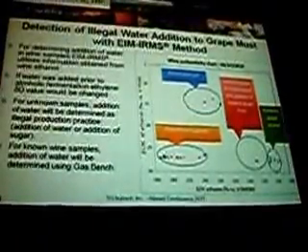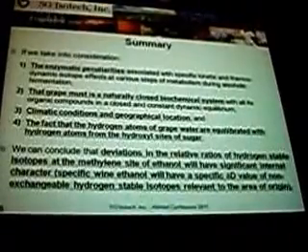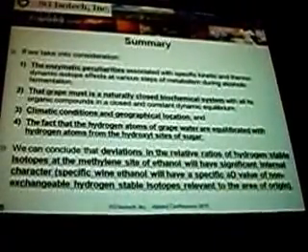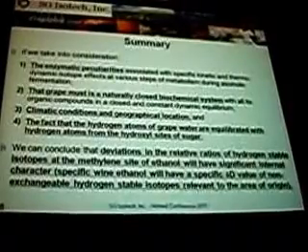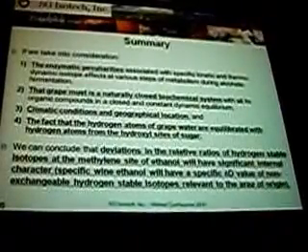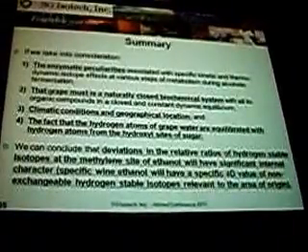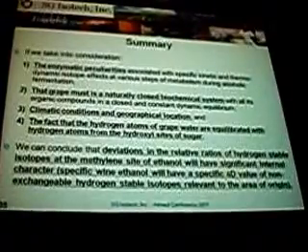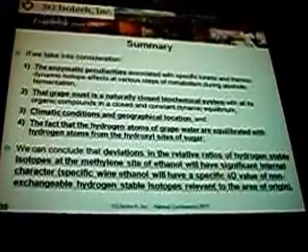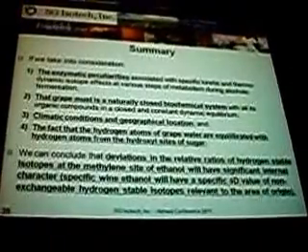So, further, to summarize this information till now: if we take into consideration the enzymatic peculiarities, the grape must being a naturally closed biochemical system, climatic conditions and geographical location, and the fact that the hydrogen atoms of grape water are equilibrated with hydrogen atoms from the hydroxyl of sugar, we can conclude that deviations in the relative ratios of hydrogen stable isotopes at the methylene site of ethanol will have a significant but internal character.